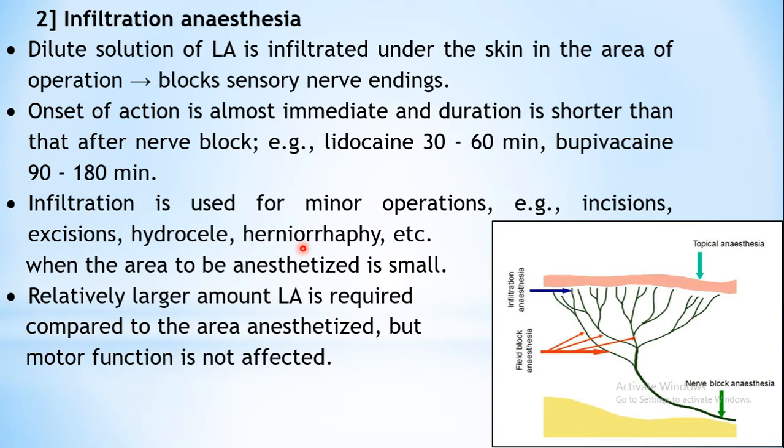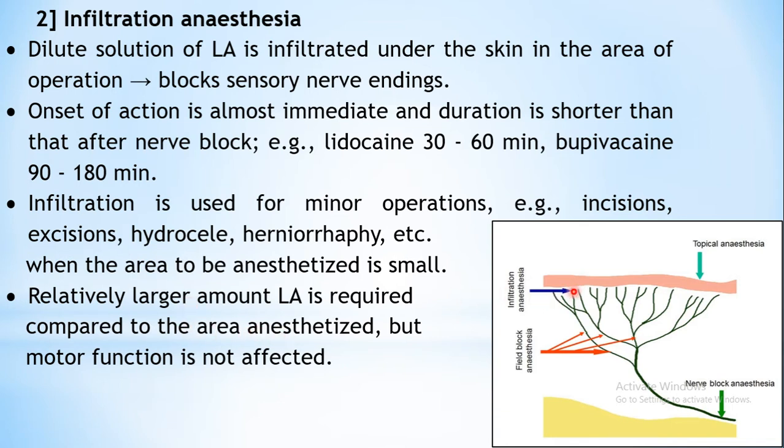So for such minor procedures, wherein the area to be anesthetized is small, you are supposed to prefer this procedure of infiltration anesthesia. Now if you see the amount of local anesthetic required, it is relatively larger as compared to the area which is supposed to be anesthetized.